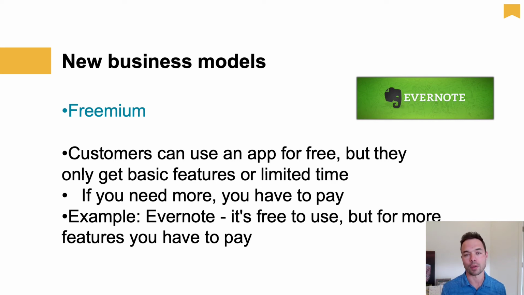I put Evernote up here. If any of you are users of Evernote, it's the same thing, where you have a certain amount of storage you can use for free, and certain capabilities that come with that free model. But if you want to unlock all of the power of Evernote, then you pay that premium price and are able to have access to all those different things that it can do.